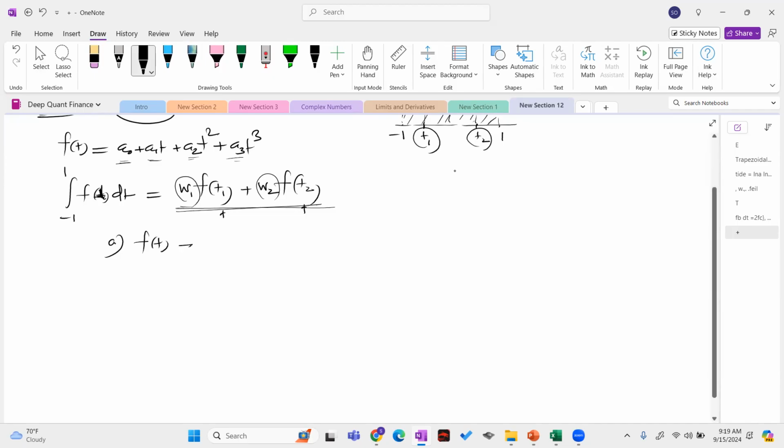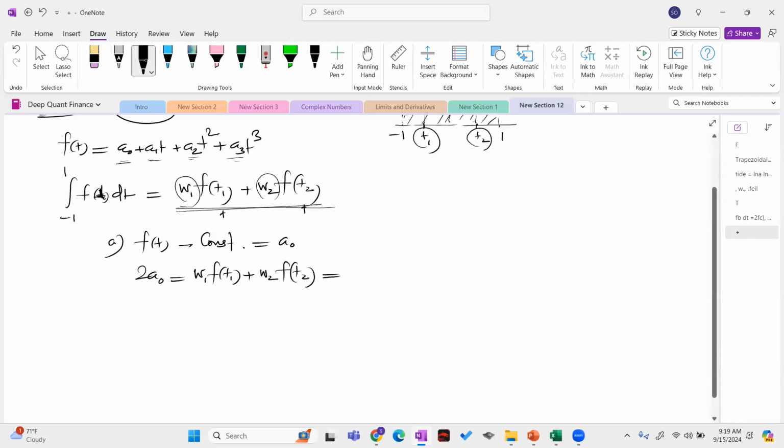If f(t) is constant, let's say f(t) equal to a0, right? Then the integral of f(t) dt will be 2a0. We did it last time. That must be equal to w1 f(t1) plus w2 f(t2).